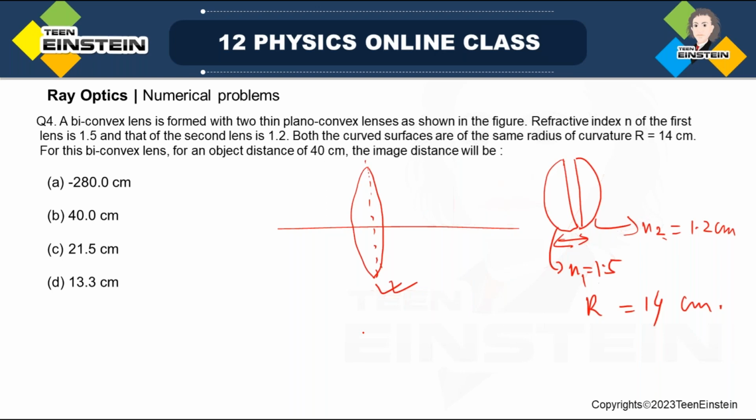For that we'll be using the lens maker's formula. You know what that is? 1 over f is equal to (mu2 minus mu1) divided by mu1, times (1 over r1 minus 1 over r2).